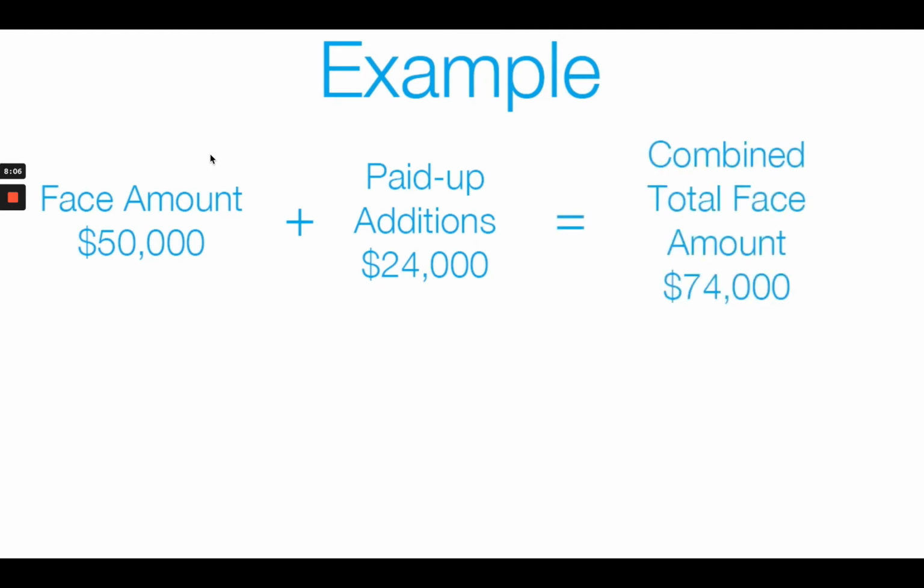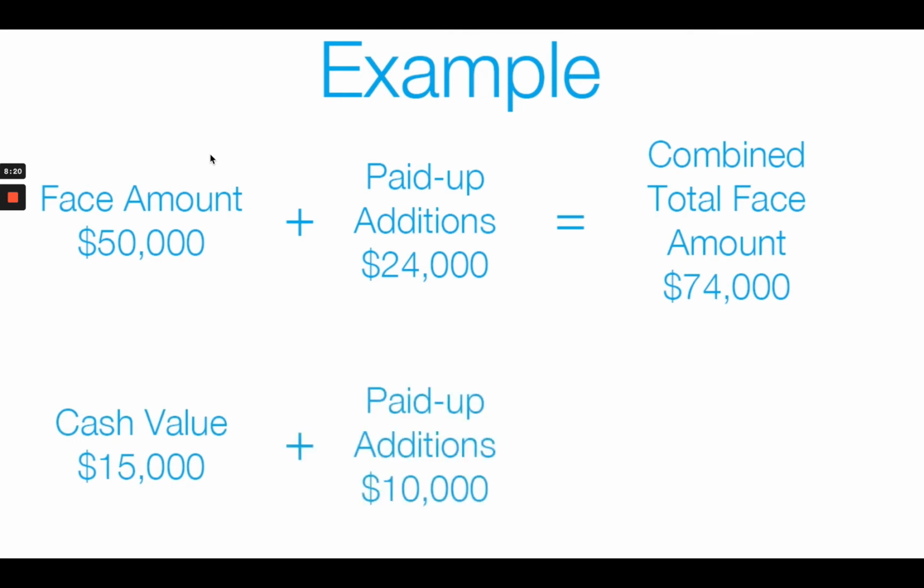In addition to the basic policy face amount of $50,000, there is now paid-up additional insurance of almost $24,000. So for that same $61.95 monthly premium, this policy now has a combined total face amount of almost $75,000. Better yet, the cash value, which is $15,000 for the base policy, also has almost $10,000 of cash value for the paid-up additions.